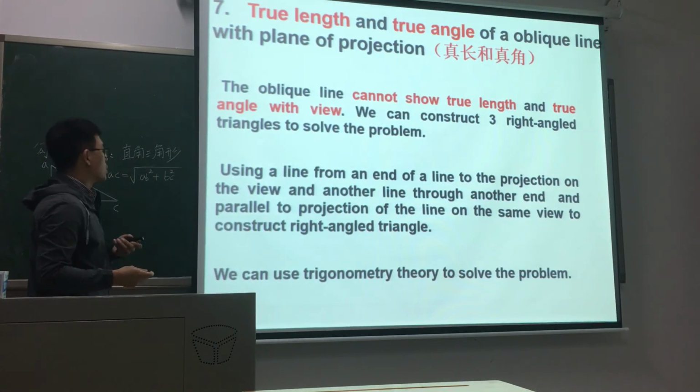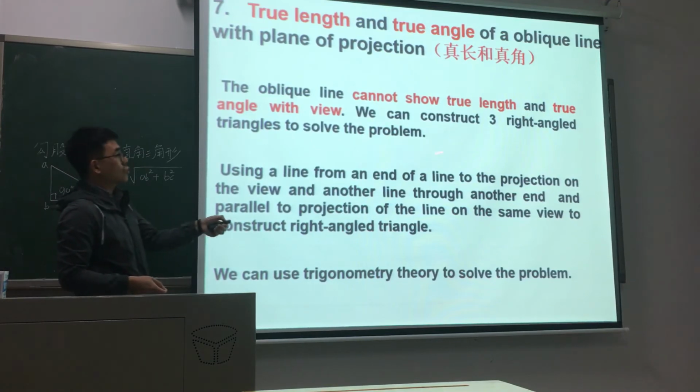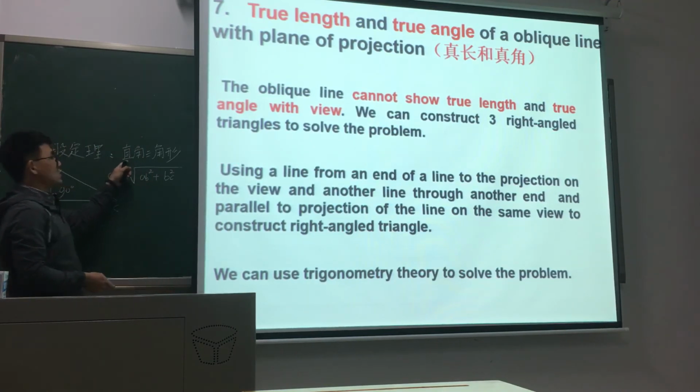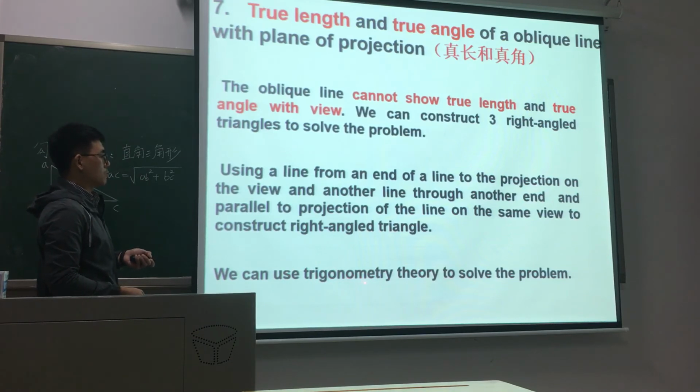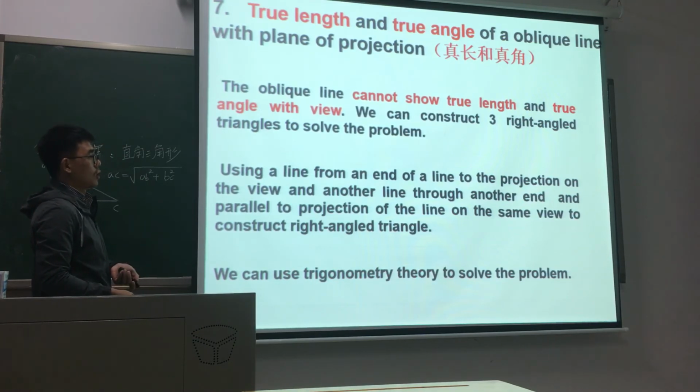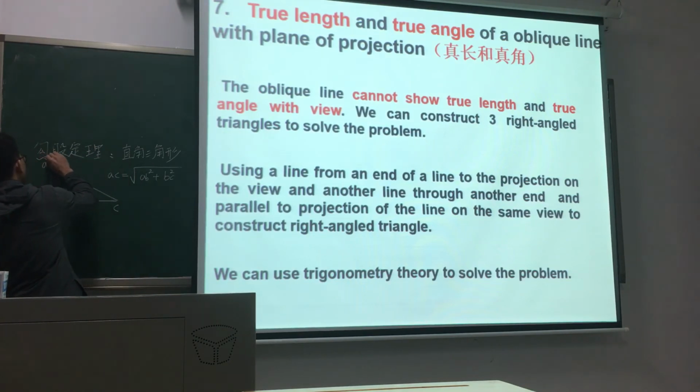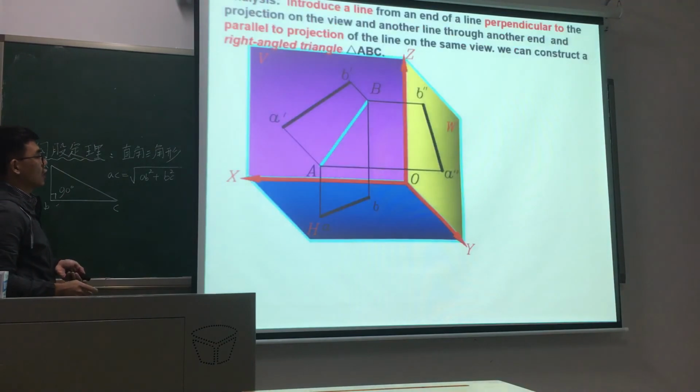We use the Pythagorean theorem for right angle triangles, and trigonometric theory, to solve the problem. We call this the Pythagorean theorem in Chinese, and we use this method to solve for the true length and true angle of the oblique line.